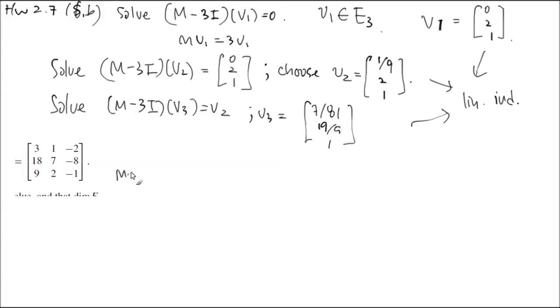So what does M minus 3I look like? You subtract 3 to get a 0, subtract 3 to get a 4, subtract from the negative 4, right? And everything else stays there: negative 2 and negative 8, 18 and 9 and 2. You can multiply this one 3 times and show it's a 0, right?